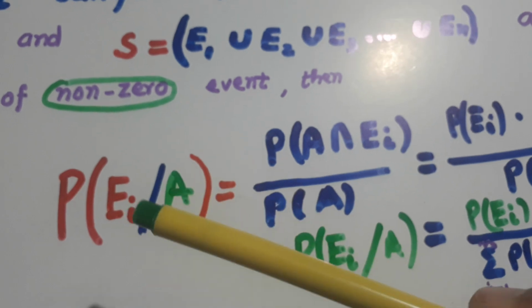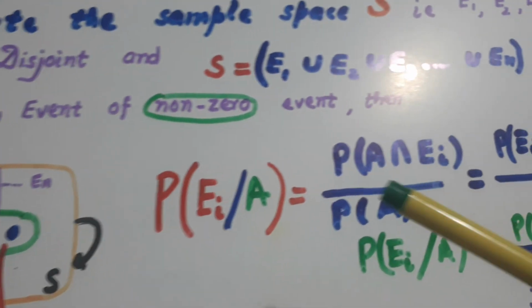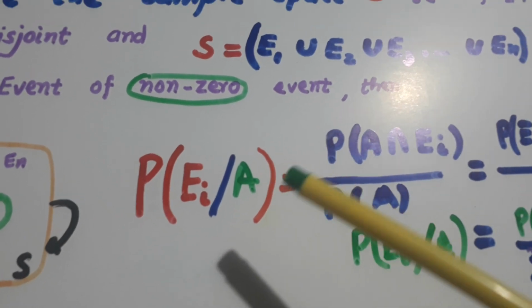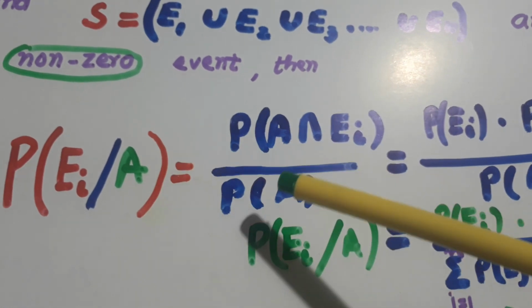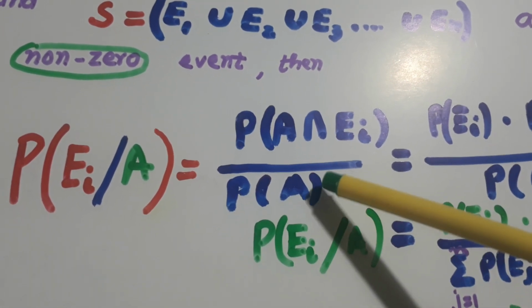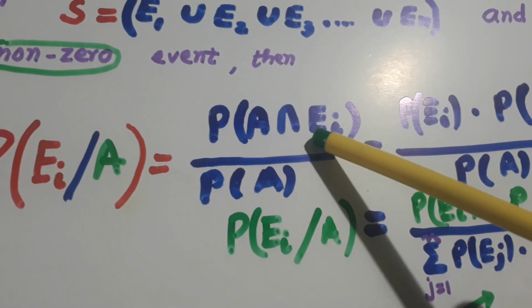Now, probability of Ei when A has already taken place will have probability of A in the denominator. And in the numerator, there are always intersections.